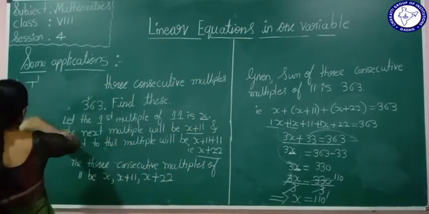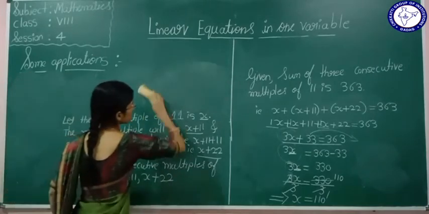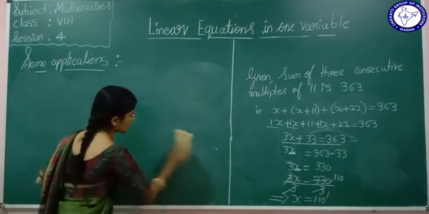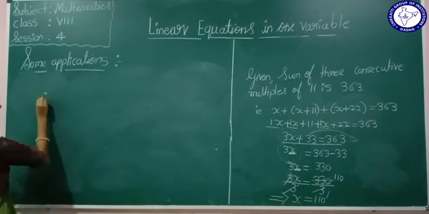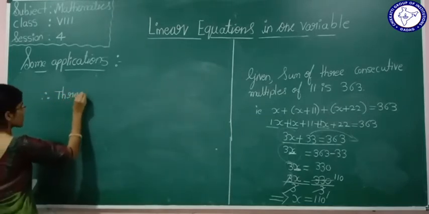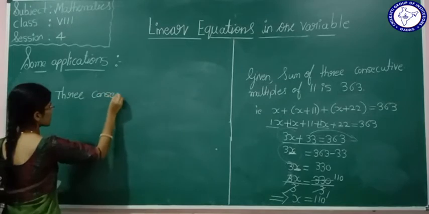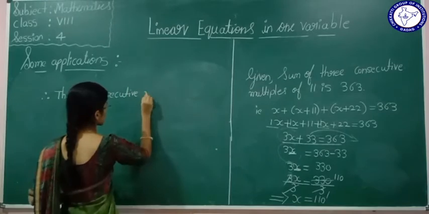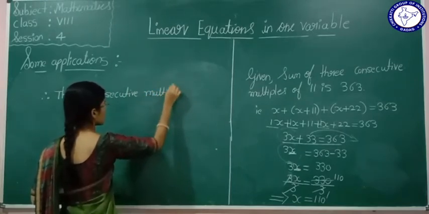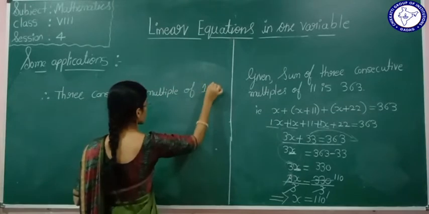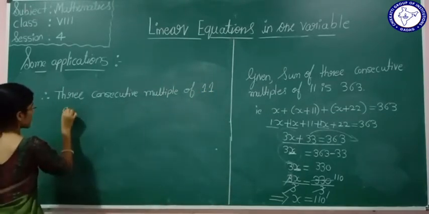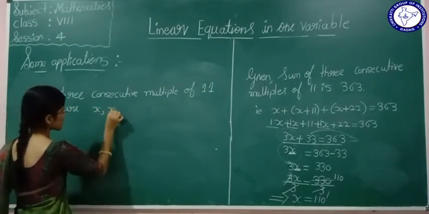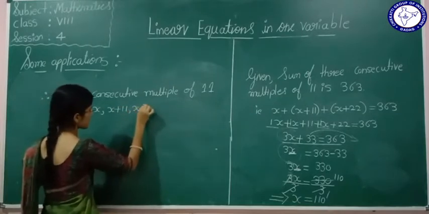So what can we write here? Therefore, the three consecutive multiples of 11 are, what is that? First we took x, next x plus 11, next x plus 22.